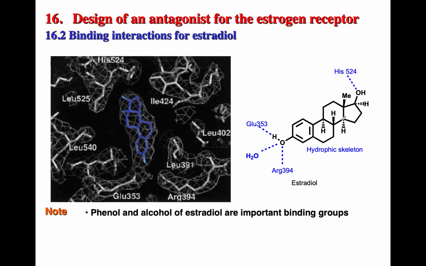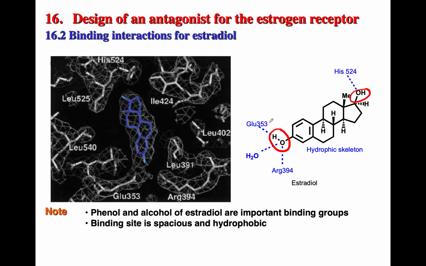So if you look at the phenol and the alcohol of estradiol, they're engaged in key interactions with the receptor, the histidine, glutamic acid, and arginine here. So they're important binding groups. The binding site is spacious and hydrophobic.